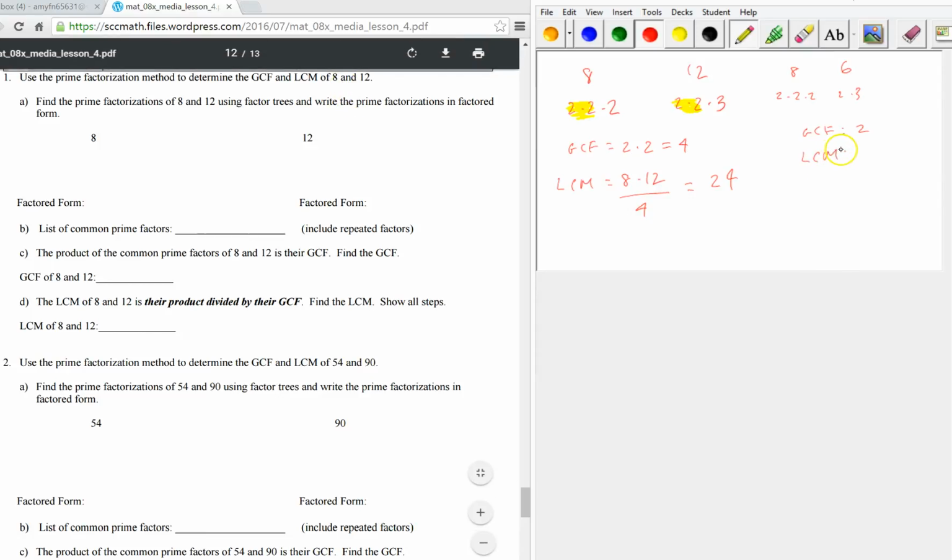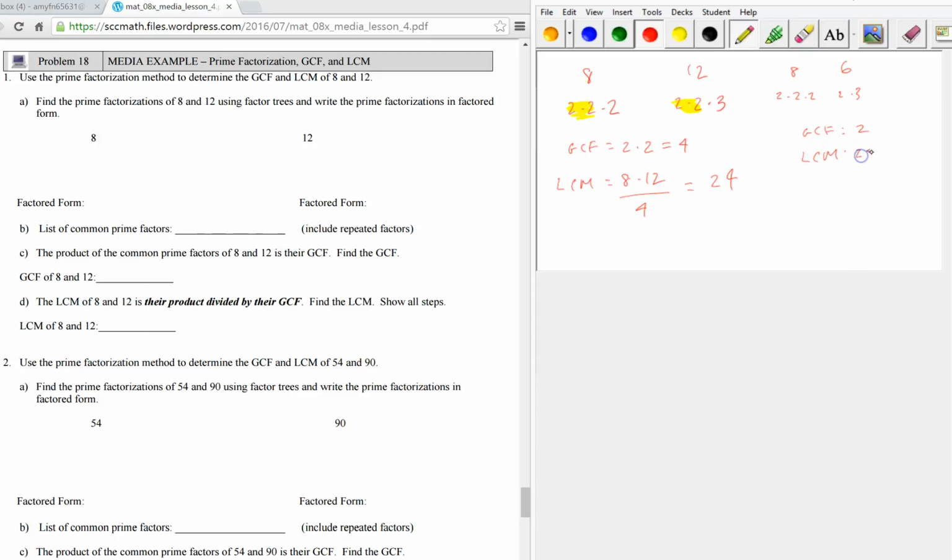The least common multiple is 24. Then ask them to find the product. So the GCF times the LCM is 2 times 24, and the product of the two numbers is 8 times 6. If they do a few of these and see that the product of the two numbers equals the product of the GCF and the LCM, they'll see that connection more clearly.